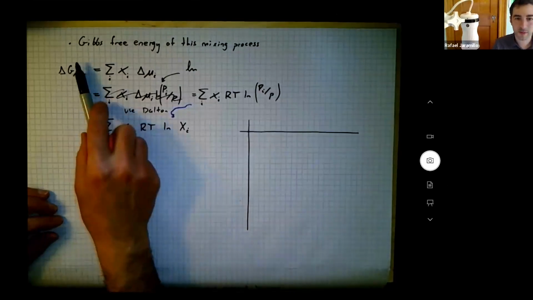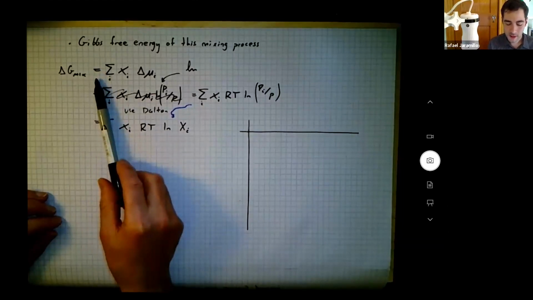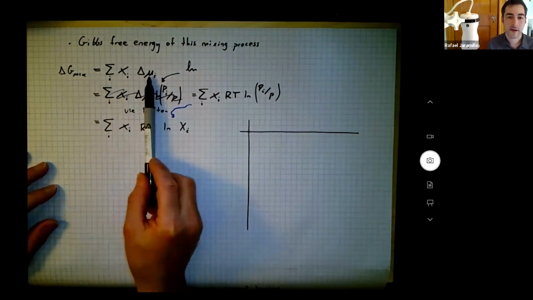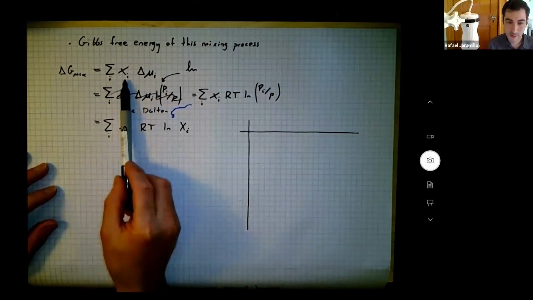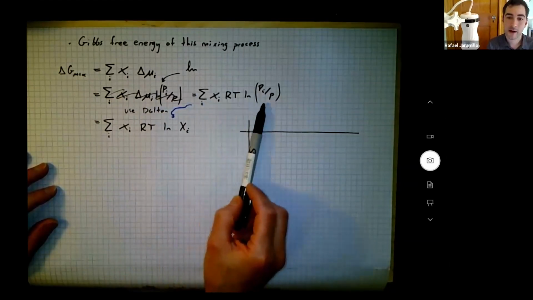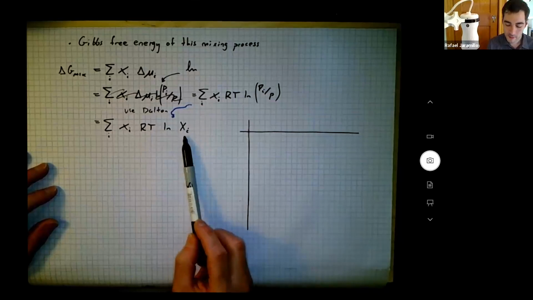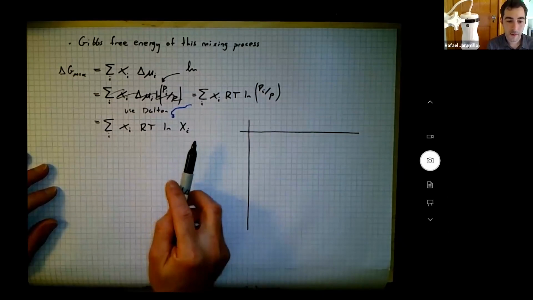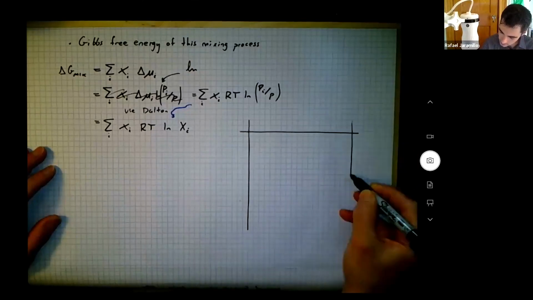We wrote down the partial molar Gibbs free energy, that is the change of chemical potential with mixing. Now we can write this using the formalism that we have already seen. So it's the sum of the mole fractions and the partial molar property: x_i RT log of p_i over p. We're going to use Dalton's rule to re-express the argument in the log as a mole fraction. And so this is a solution model. We've talked about solution models, but we hadn't actually seen one written down mathematically before. So this is one. This is actually an important one.